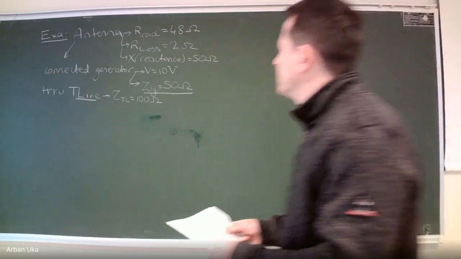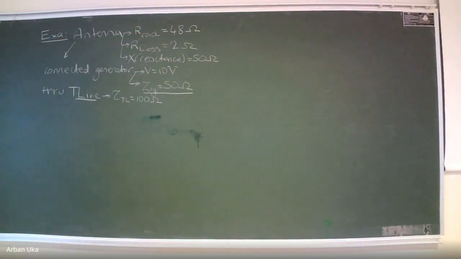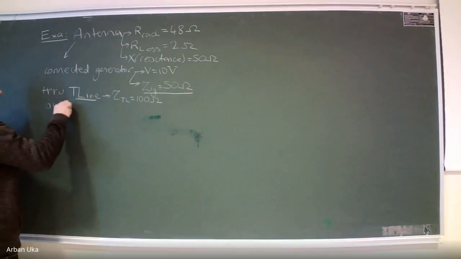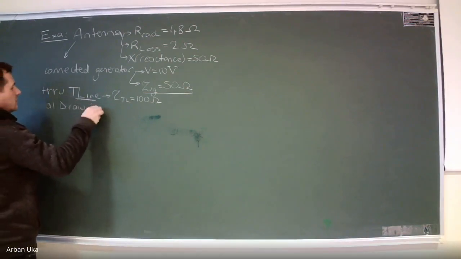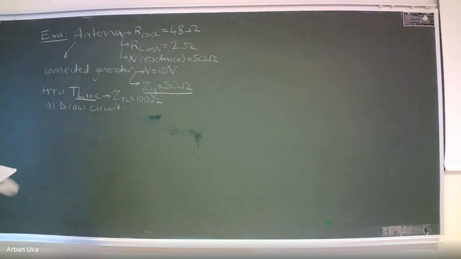We have this antenna, it's connected to the generator, we have this transmission line, and now the first question is, let's try to see how this circuit appears, or what is the equivalent circuit. So that's the first question.